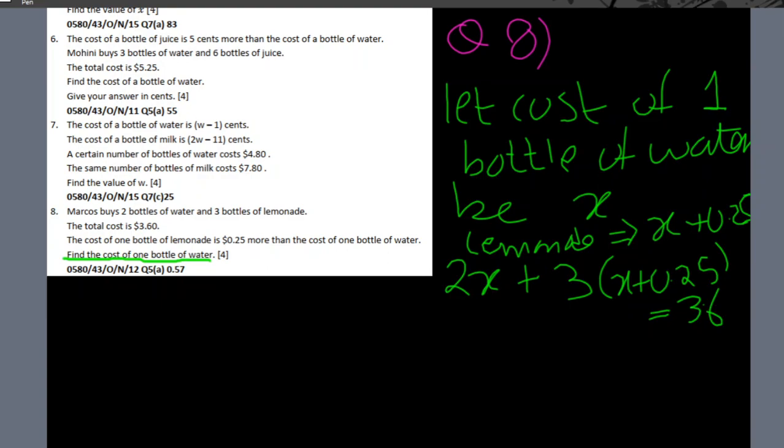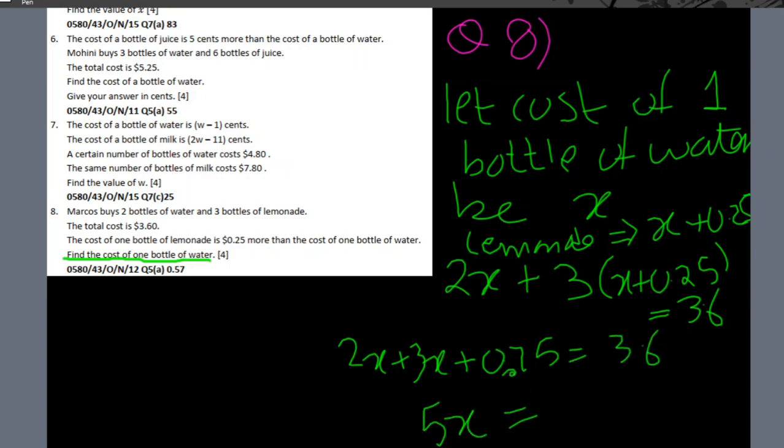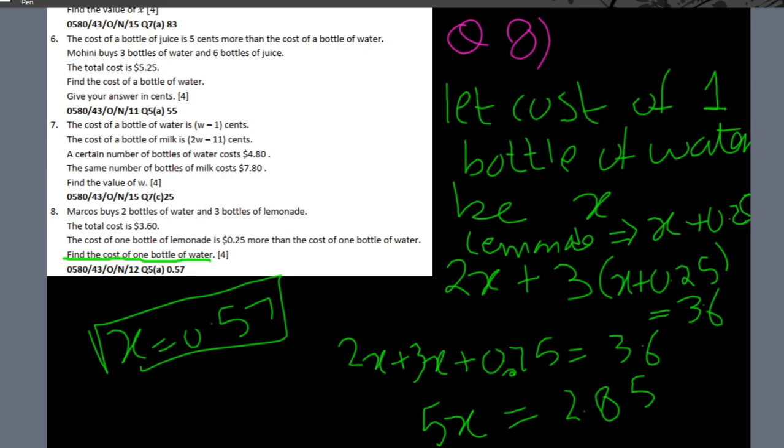Everything is in dollars, so no need for unit conversion. So I get 2x plus 3x plus 0.75 equals 3.6. So I get 5x equals 3.6 minus 0.75, which is 2.85, and then divide this by 5, and I get 0.57. So the cost of one water bottle is 0.57.